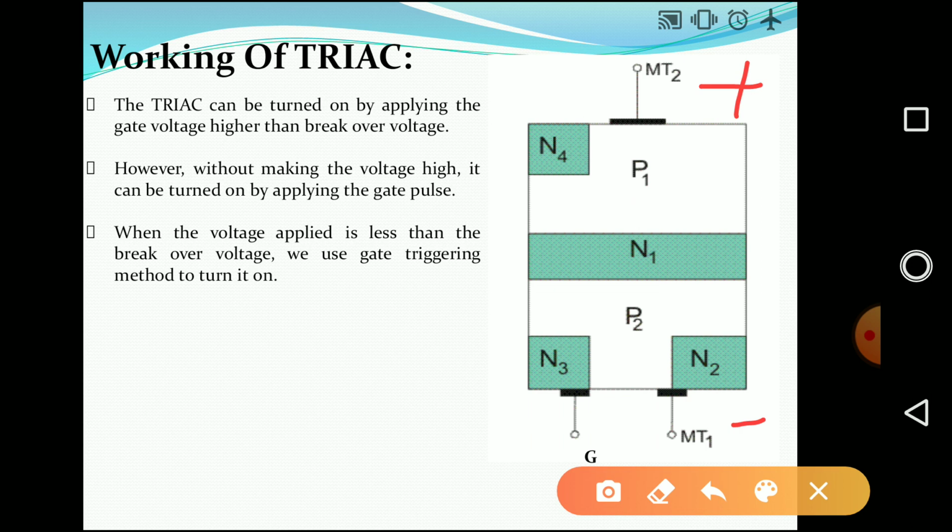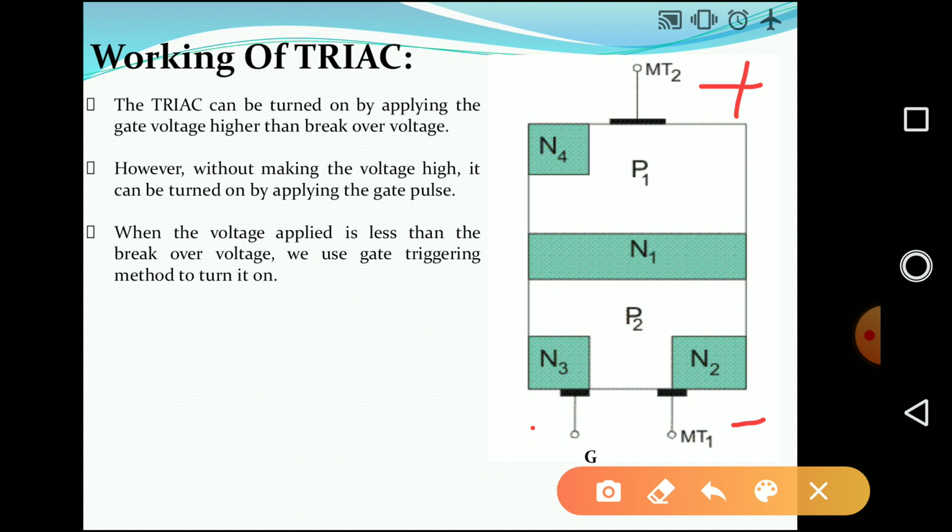Next, however, without making the voltage high, it can be turned on by applying a gate pulse. So here we can turn on the TRIAC without making the voltage reach the breakover value. In that condition, we need to apply the supply at the gate terminal.